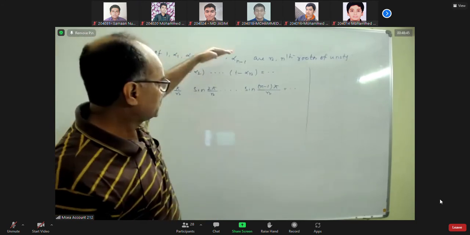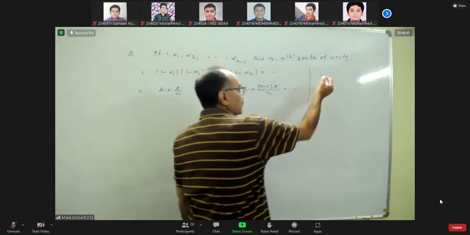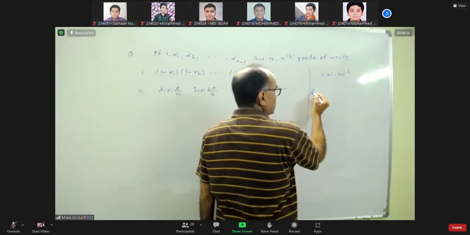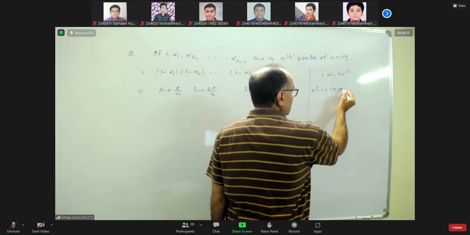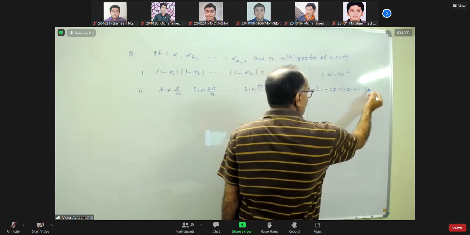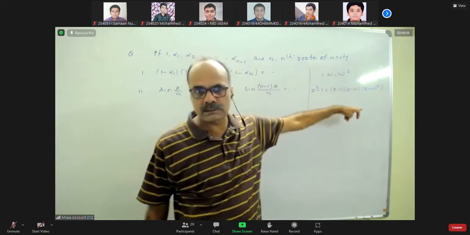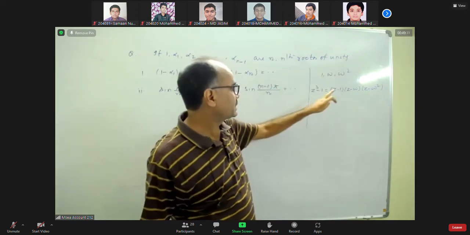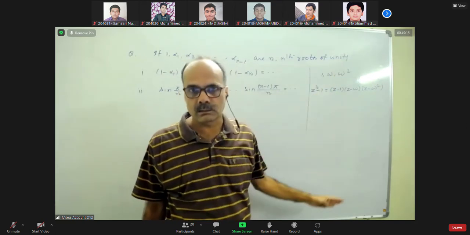Now, these are the common questions. Like we have discussed that if 1, omega, omega square are cube roots of unity, then we can write z cube minus 1 equals z minus 1 into z minus omega into z minus omega square. And then we can prove this is an identity. We have taken z equal to 2, 3, 4 up to n, and we have added.